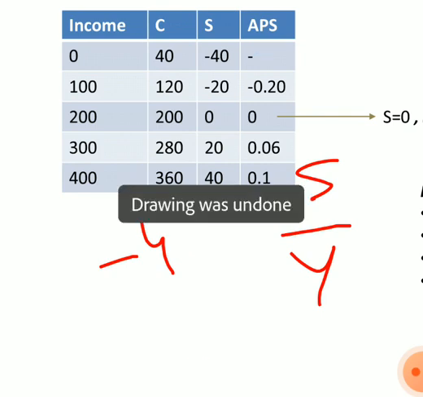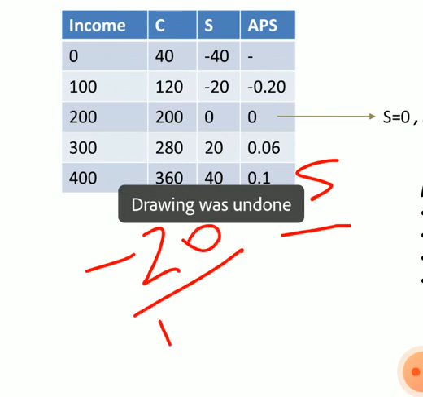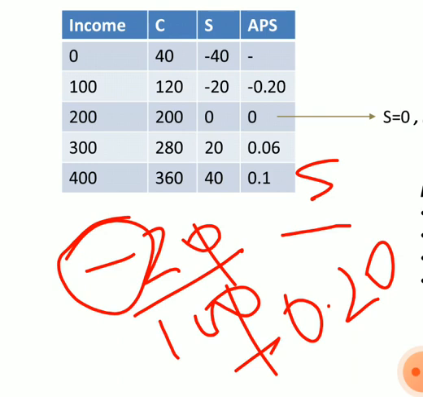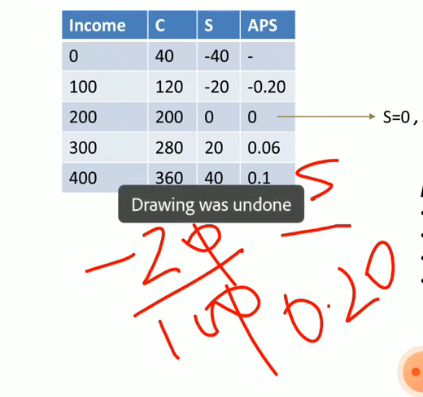In the second part your saving is minus 20, your income is 100, so what will be the answer? It will be 0.20, and your saving was negative, so minus 0.2.